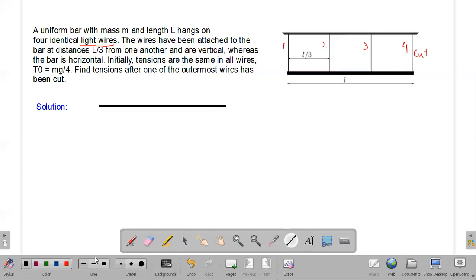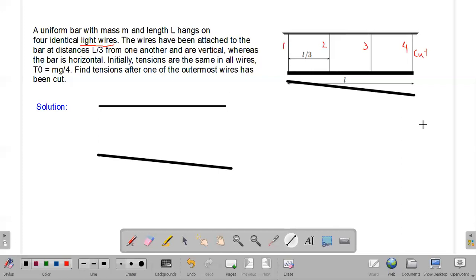This bar will be slightly tilted from its initial position. In this figure, you can see that the bar will be slightly disturbed after wire number 4 is cut.